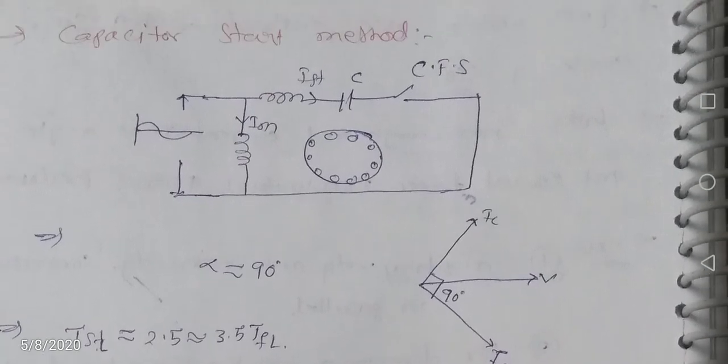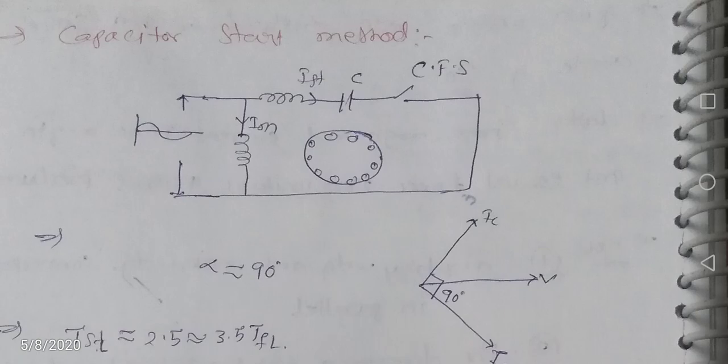Alpha equals 90 degrees. So draw the diagram. IST is the starting current and IM is the main current.